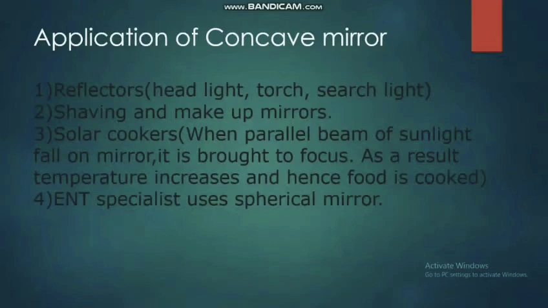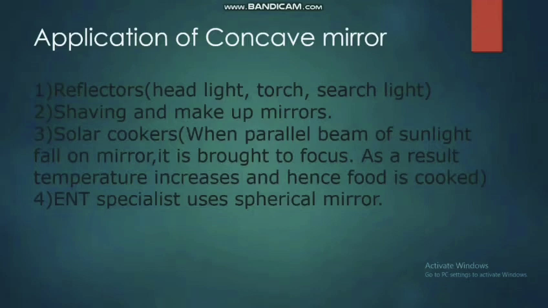Now we can see the applications of the concave mirror. Since it has parallel-beam and diverging-beam properties, we can use it as a reflector in a headlight, torch, etc. Shaving mirrors are also concave. Solar cookers use it too: the parallel beam of light easily falls on the mirror, so it will focus and the temperature will increase.